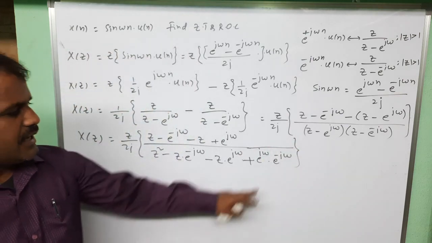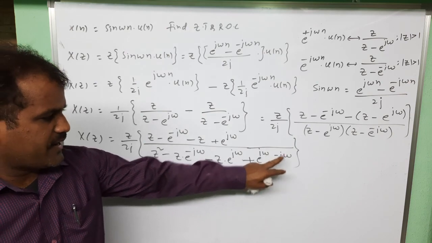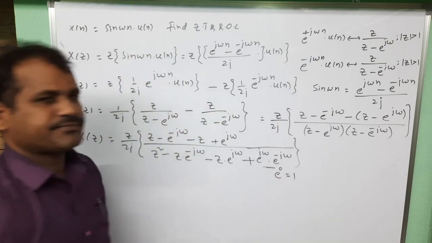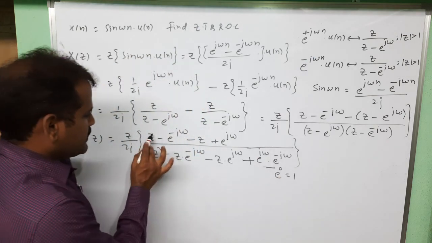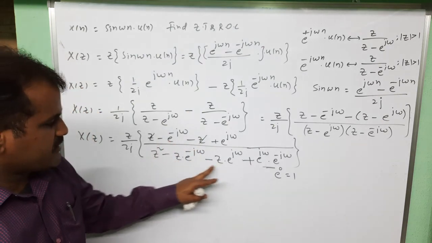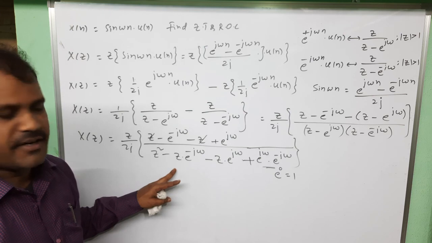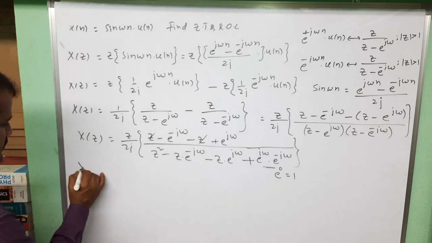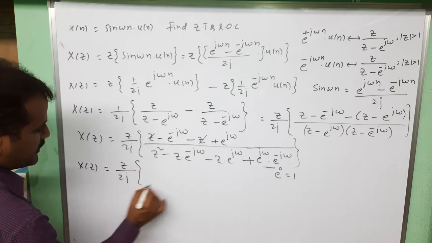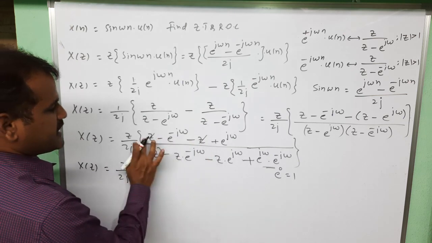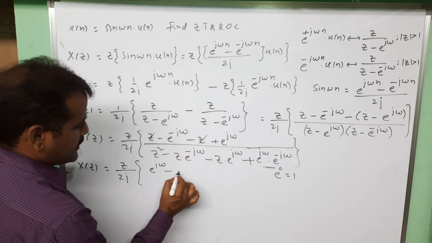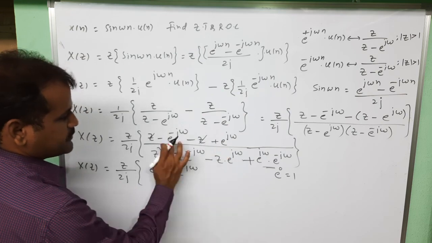Fine. Observe e to the power of j omega, e to the power of minus j omega. This is nothing but e to the power of 0, that is equal to 1. And this z cancels. And you can take minus z common in the denominator. So that I am rewriting this expression x of z, z by 2j, and here z cancels, e power j omega minus e to the power of minus j omega, these two terms.